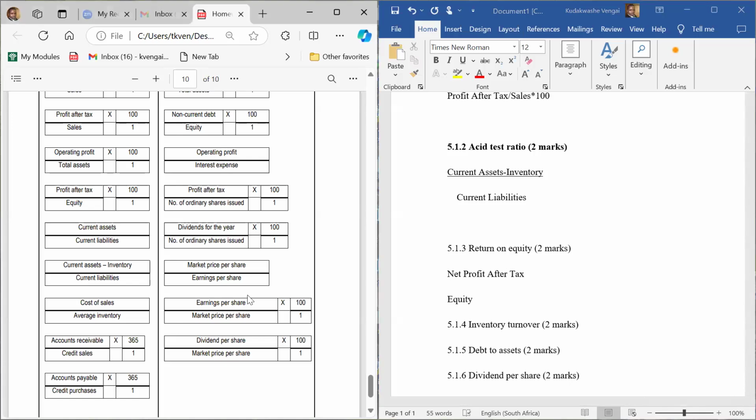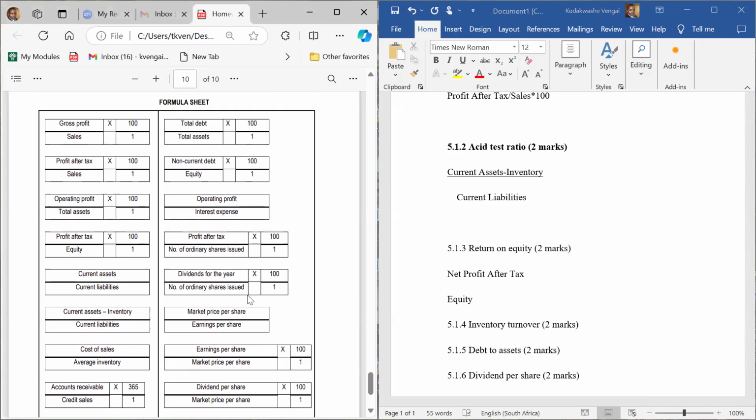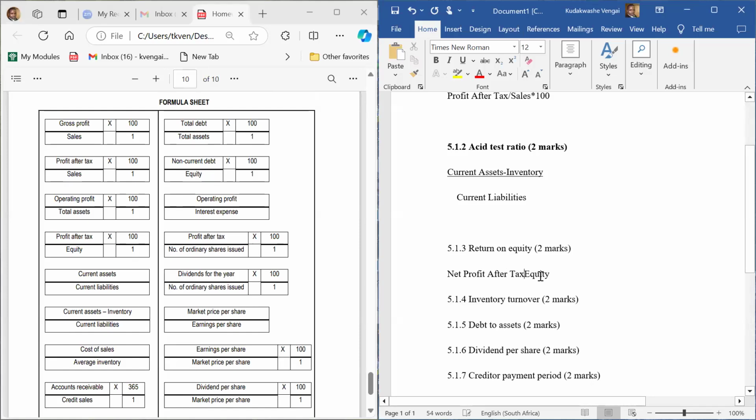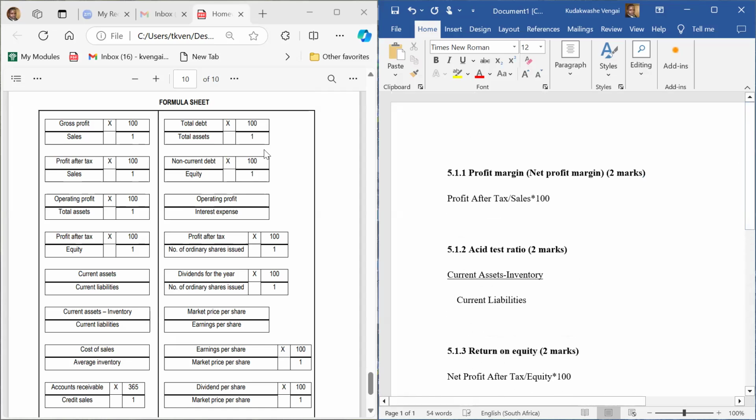Did we have it here? I'm failing to see it. Oh yeah, profit after tax divided by equity multiplied by 100. And so forth and so on, right? We're going to do the other ratios. So let's just do an example of calculation.